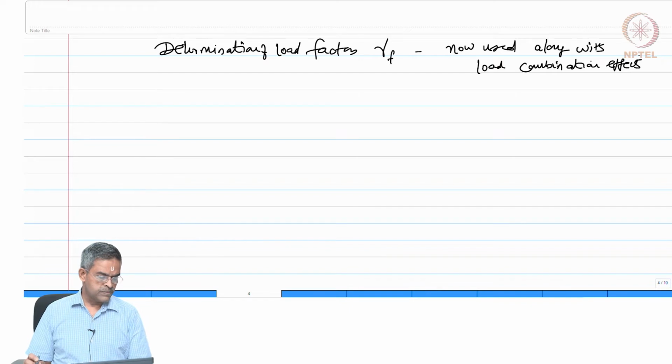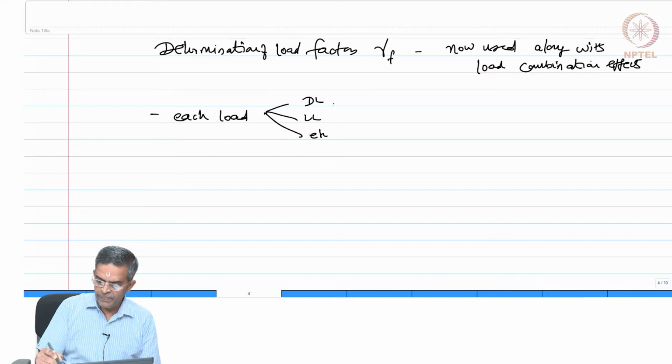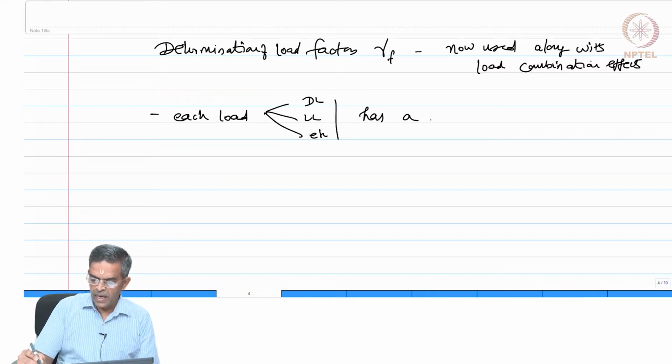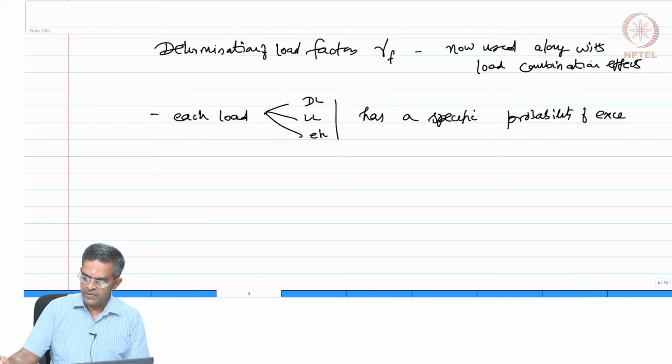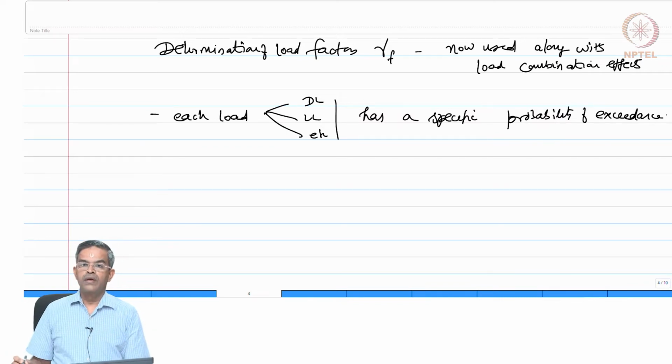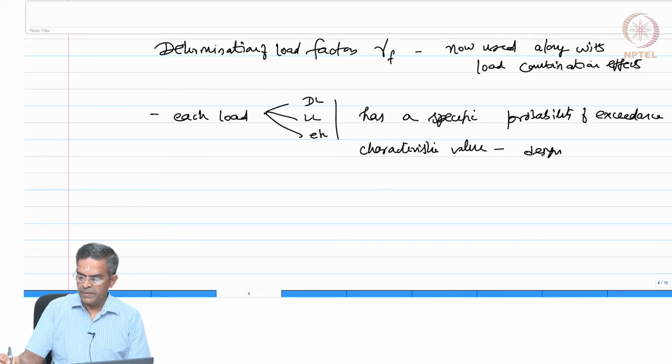Okay. So, now we know each load, be it a dead load, be it a live load, etc., has a specific probability of exceedance. They also have a specific characteristic value to be used in the design, isn't it?